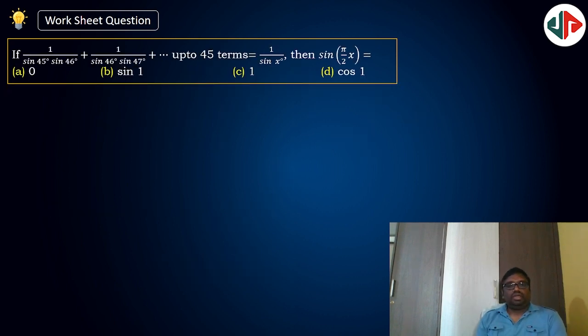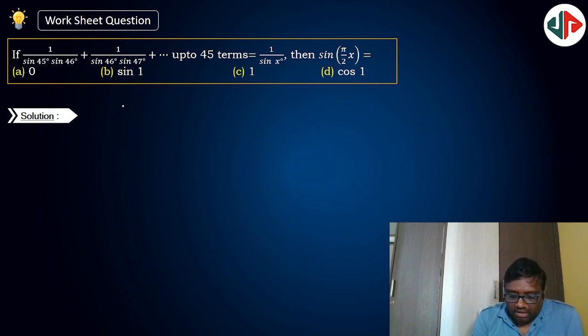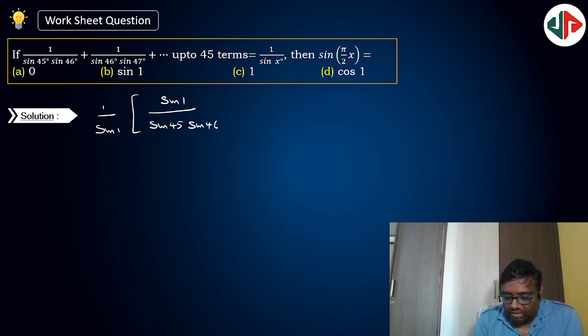Here: 1 by sine 45 degrees into sine 46 plus 1 by sine 46 into sine 47, and so on up to 45 terms. Simplify that value. Clearly, the observation here is this we can rewrite as 1 by sine 1 times [1 by sine 45 into sine 46 degrees plus 1 by sine 46 into sine 47 degrees plus so on].